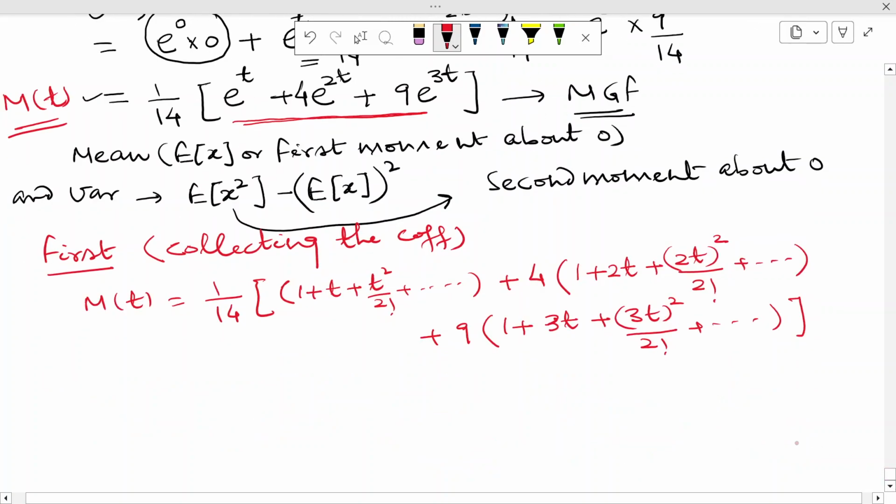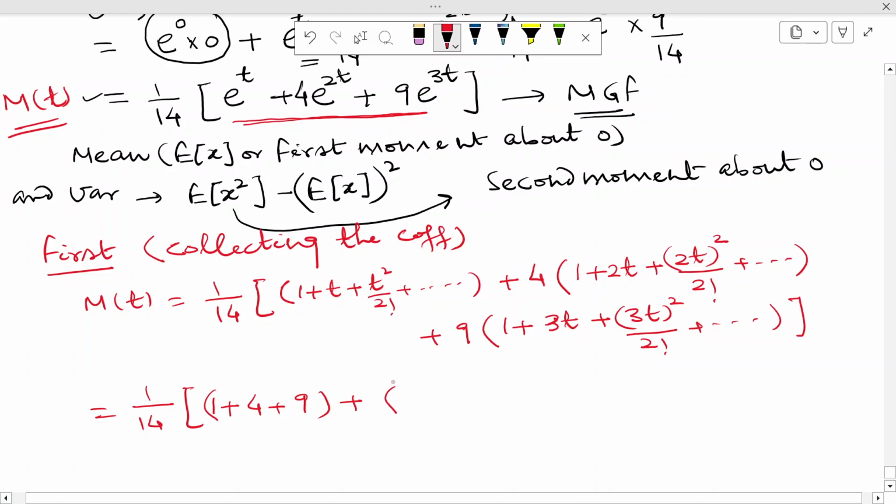Now let's collect the like terms. First is the constant term: here it is 1, in the next bracket it is 4, and in the last bracket it is 9 multiplied by 1, so it is 9. This will be our constant term. Next we consider the coefficient of t.